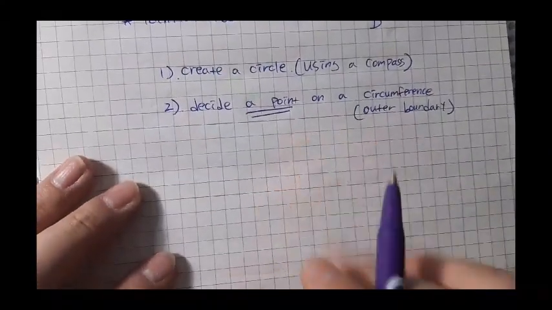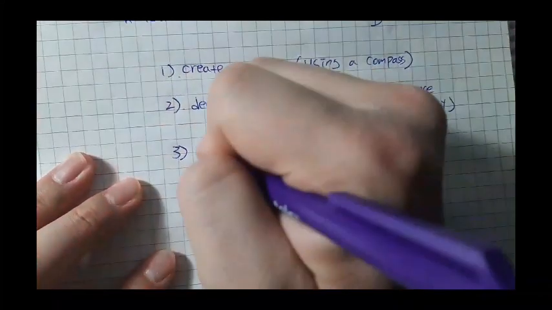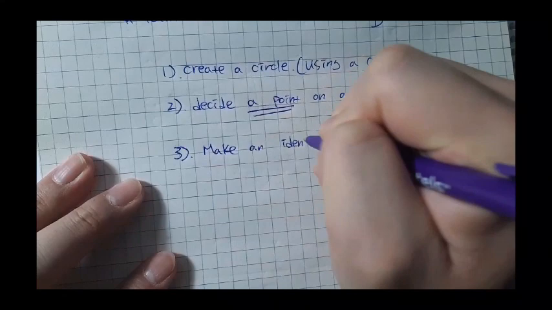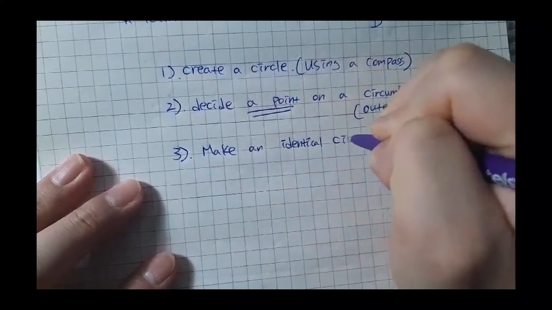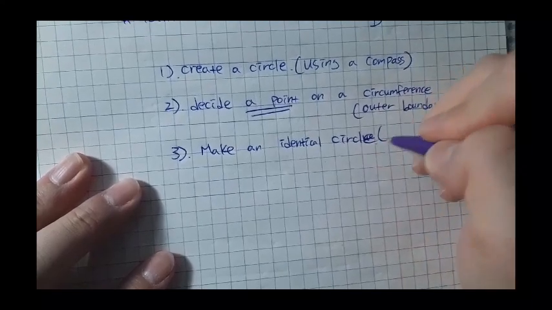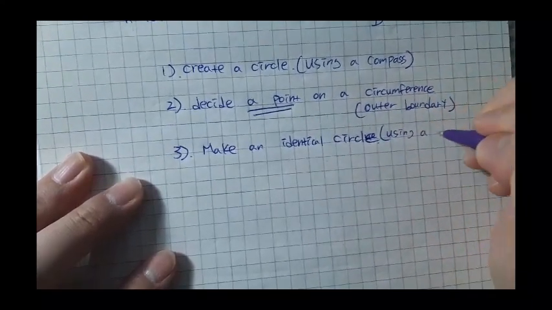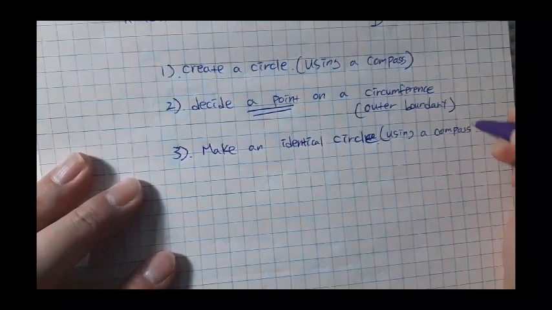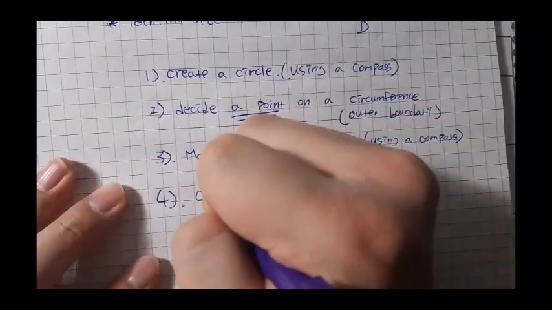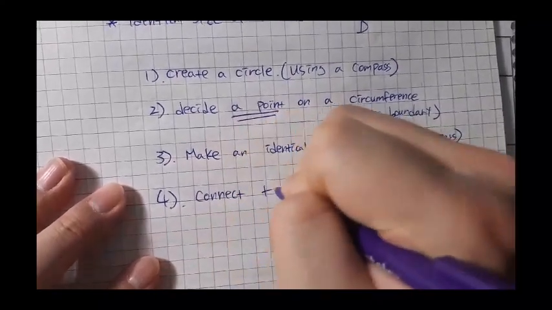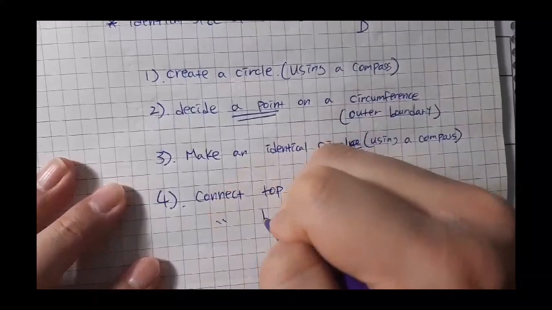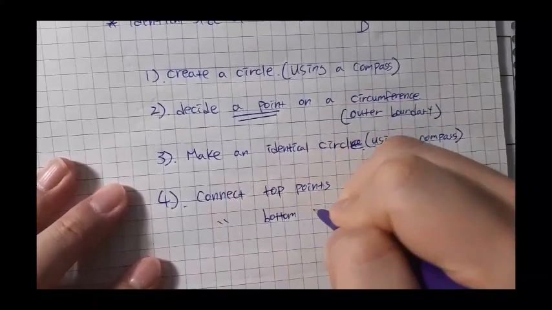And number 3, make an identical circle. Again, using a compass. And what I need to do last is connect top points, connect bottom points.